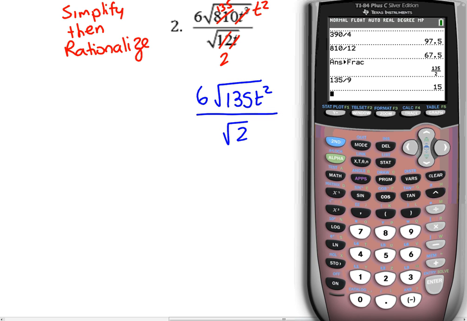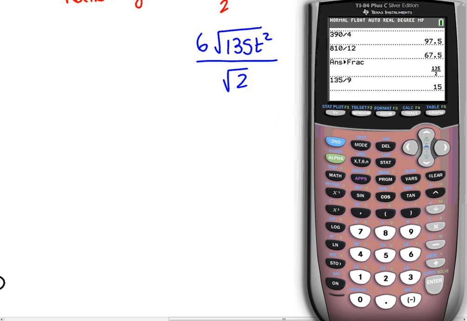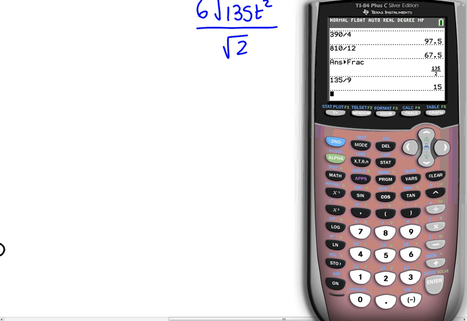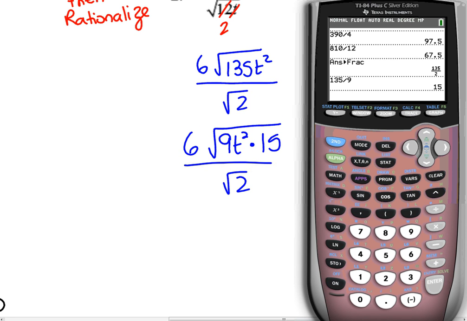What else can you break down in the square root or take out? The t squared. Okay, so this is going to be 6 root, we can do 9 times 15 or 9t squared because I can square root the t squared, all over root 2. See how nice and small my numbers are getting? It's wonderful.